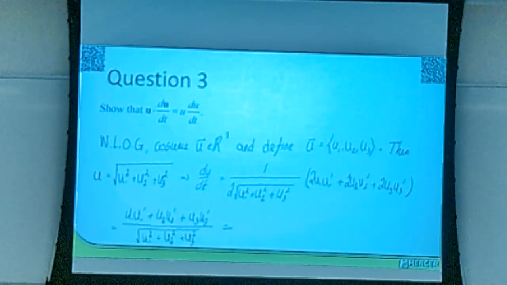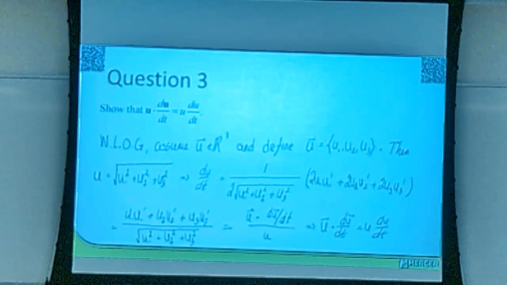Well, u1, u2, u3, that forms u, right? What would u1 prime, u2 prime, u3 prime form? Right. Isn't the numerator u dot du? But we said that whole thing was just du dt, right? Multiply both sides by the magnitude of u, and you have your result.